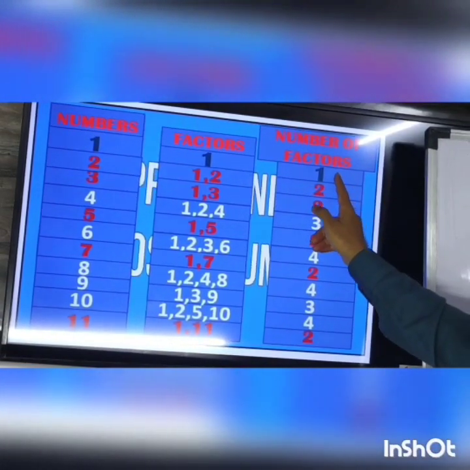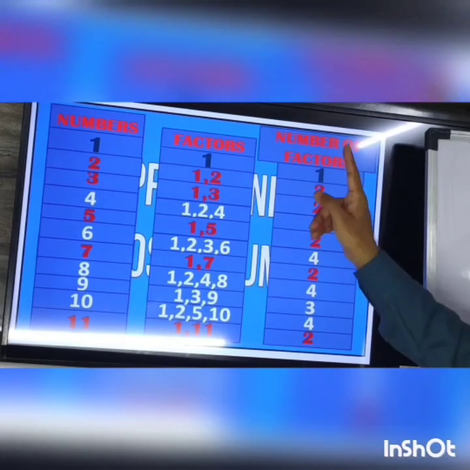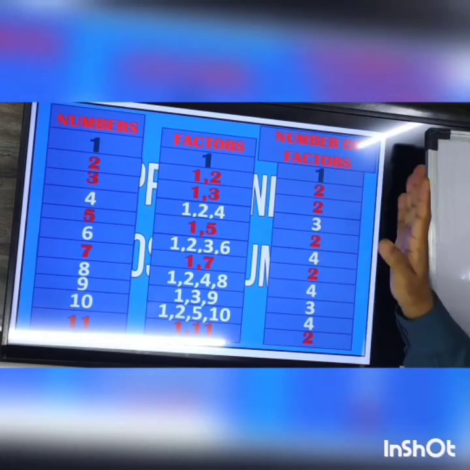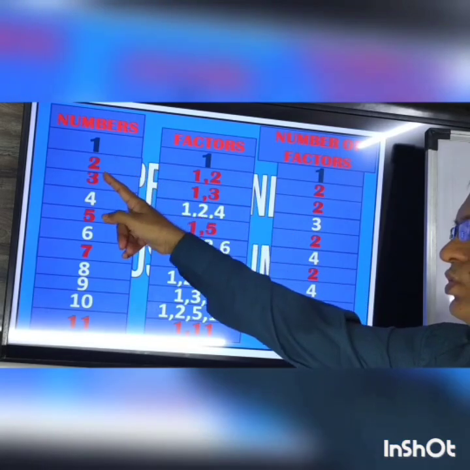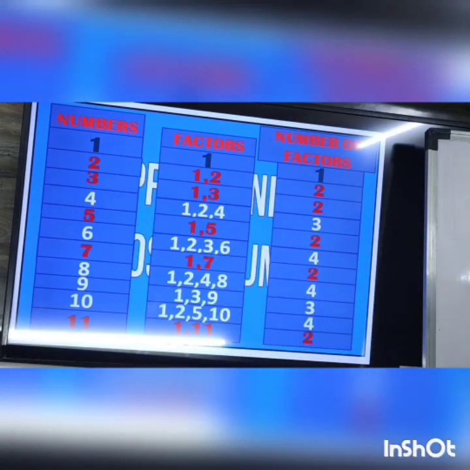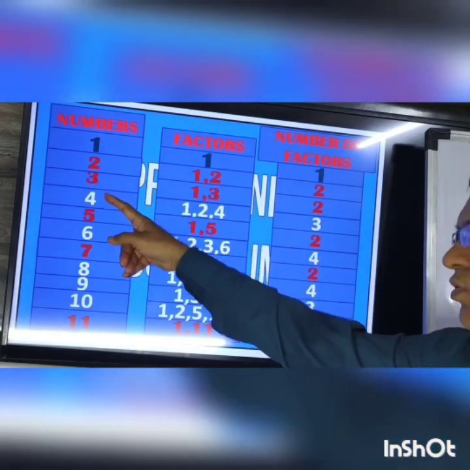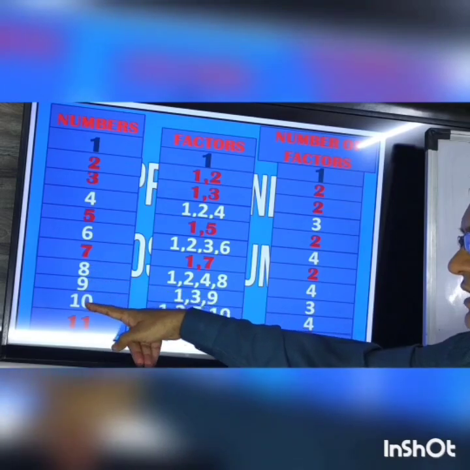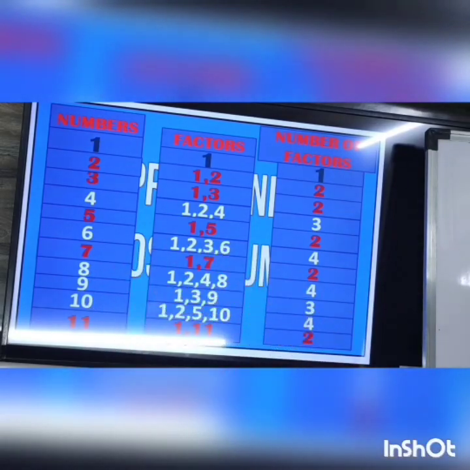One has 1 factor, so it is neither composite nor prime. 2, 3, 5, 7 and 11 have exactly 2 factors; these are the prime numbers. And 4, 6, 8, 9, 10 have more than 2 factors; these are called the composite numbers.